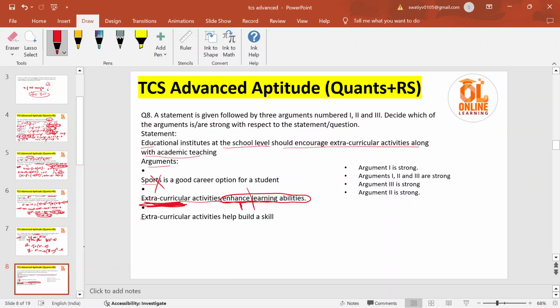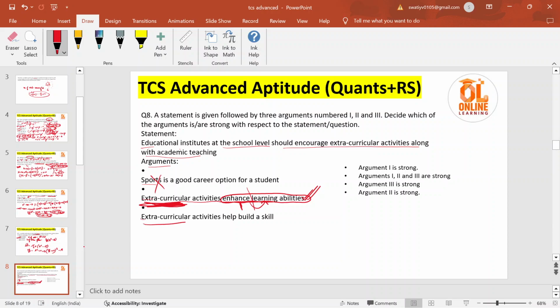If it had said that it enhances qualities in you, it would become a weak argument, because it should tell which quality will be improved. So here they are saying that it will enhance your learning ability. So yes, this argument is a strong argument.